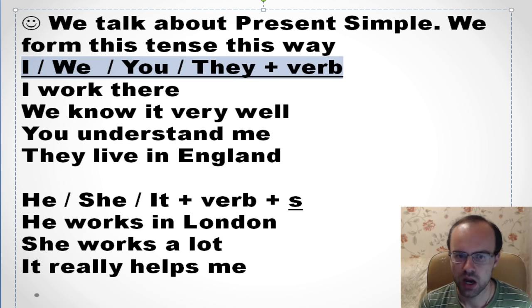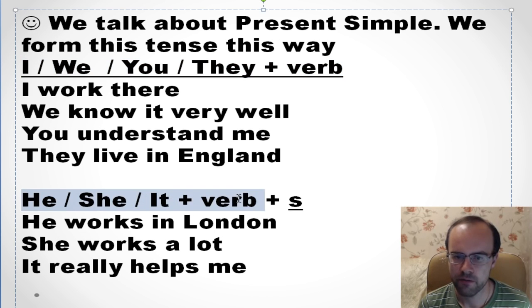Look, I work there. We know it very well. You understand me. They live in England. If you have he, she, it, you have verb plus s.